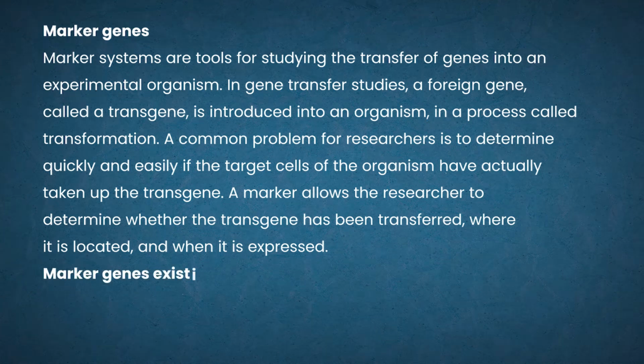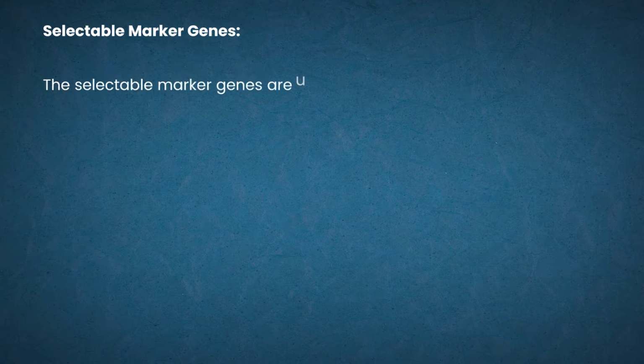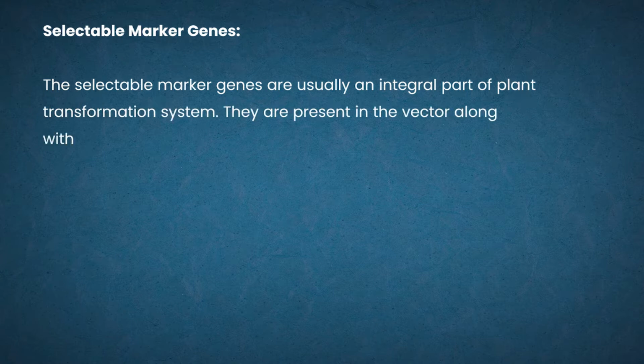So, marker genes or marker systems exist in two broad categories: the reporter genes and the selectable markers. Talking about selectable marker genes, these genes are usually an integral part of a plant's transformation system. They are present in the vector along with the target gene.